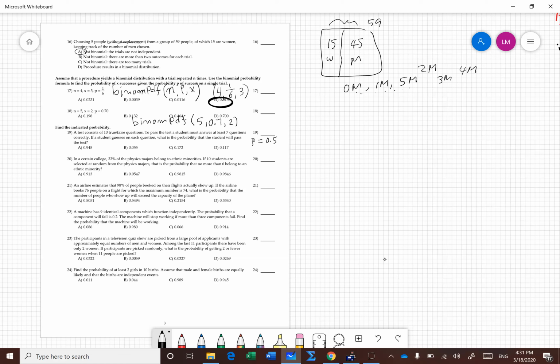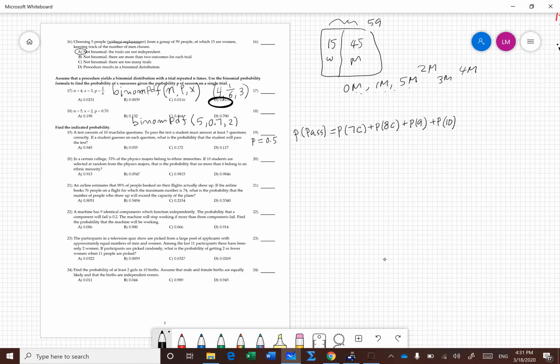So, to pass, the probability of passing is the probability of 7 correct, plus the probability of 8 correct, plus the probability of 9 correct, and the probability of 10 correct. Is that right? Because at least 7.